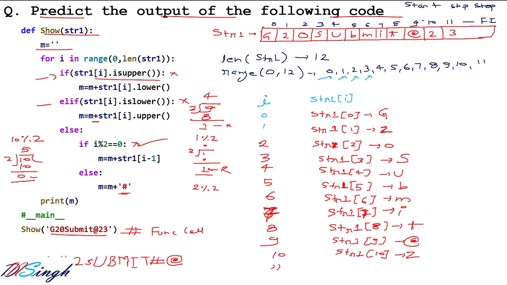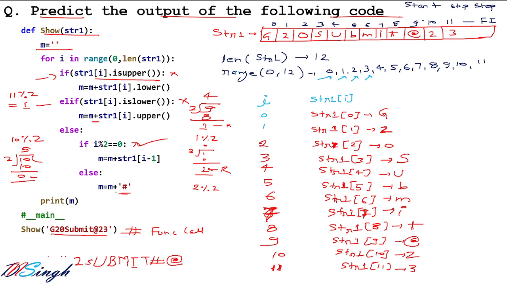Next is 11. Now you have 23. So str1 of 11, the value at index 11 is what? 3. Now this 3 is also not under any uppercase or lowercase, so it will go to the else part. Inside, the if condition becomes false, because 11 mod 2 is not going to result in 0, it is going to result in 1.